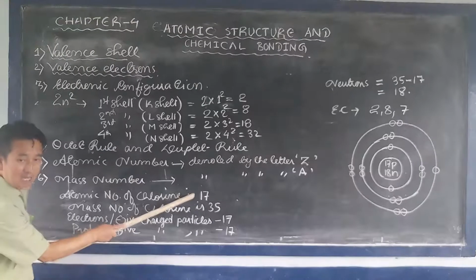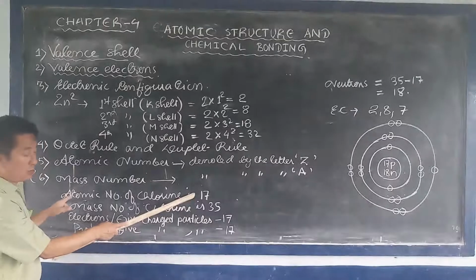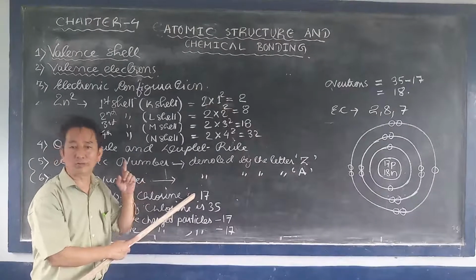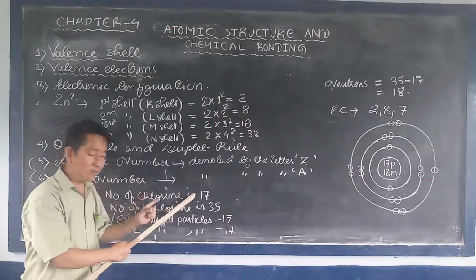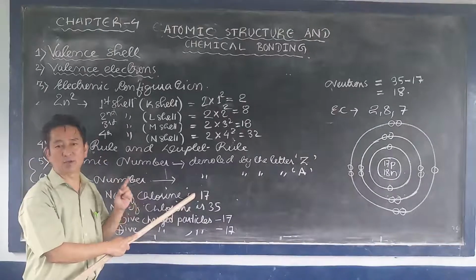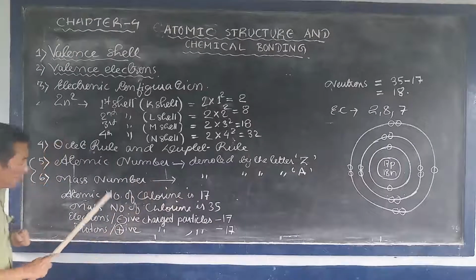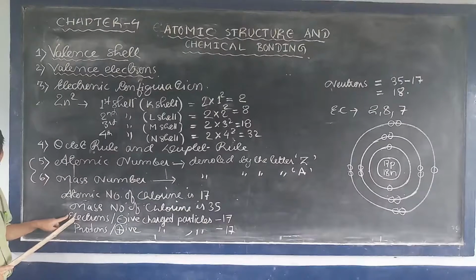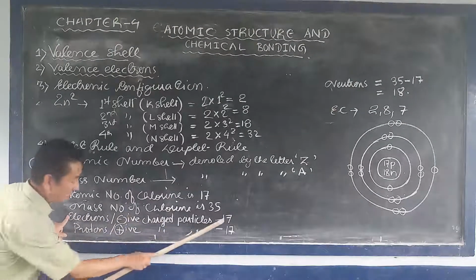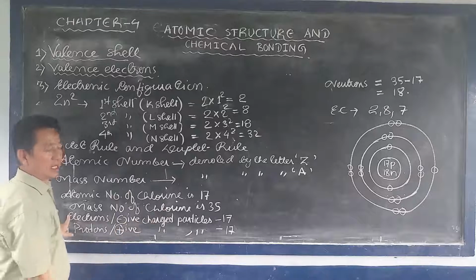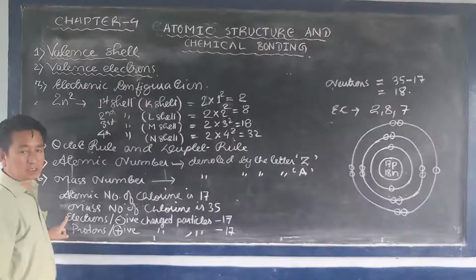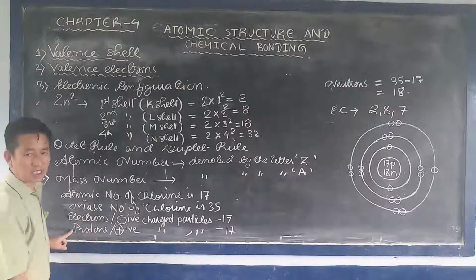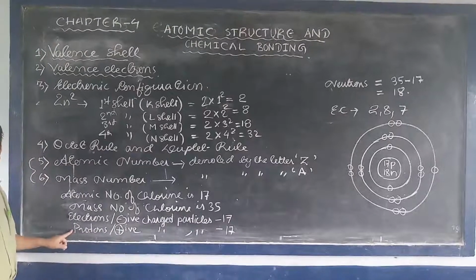Here, atomic number of chlorine is 17. It means, as I already said, atomic number is the equal number of electrons or protons, or negative or positive charged particles of an atom. If atomic number of chlorine is 17, it means that the chlorine atom has 17 electrons or 17 negative charged particles, and 17 protons or 17 positively charged particles.